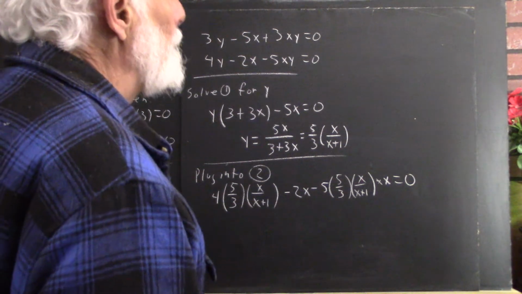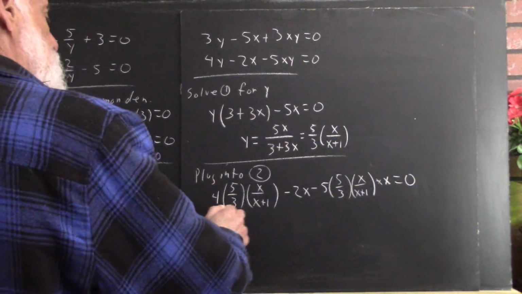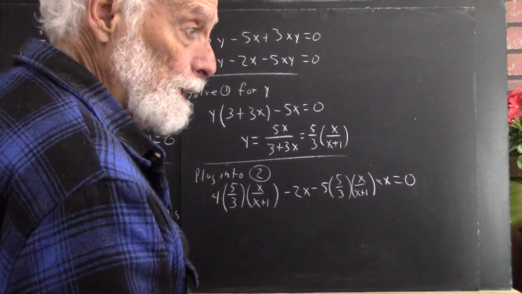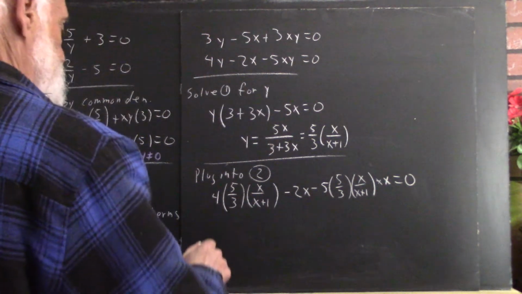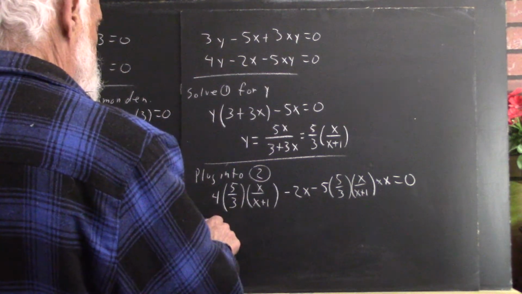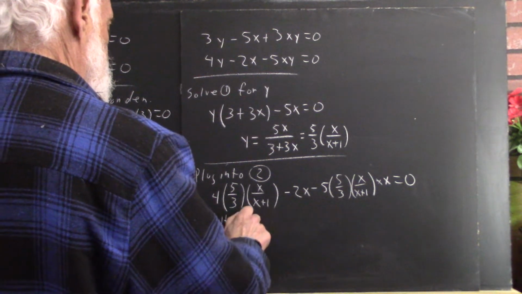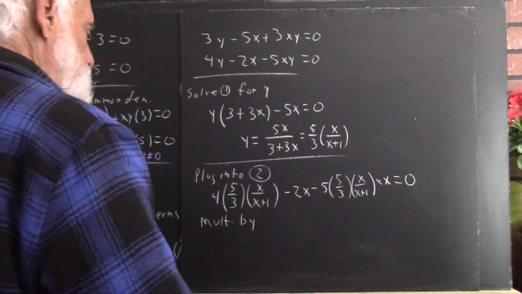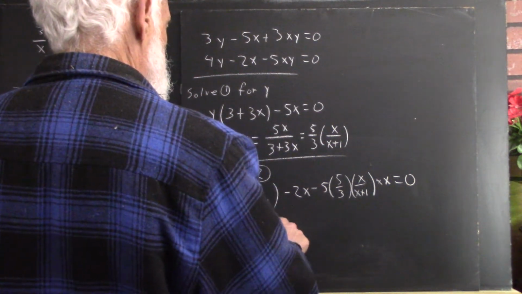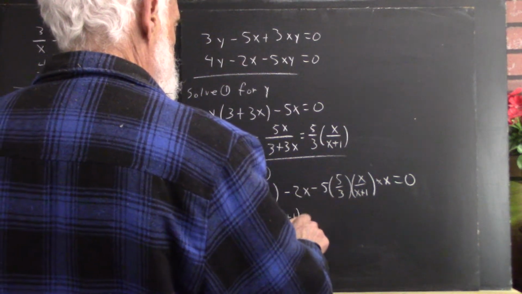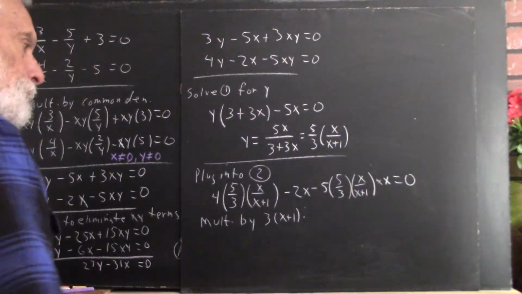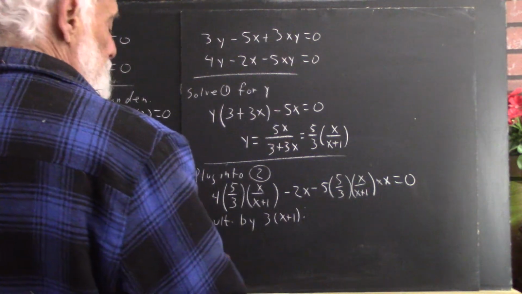Well, we have a common denominator here of 3 times quantity x plus 1, right? So we multiply by that, and we get what?